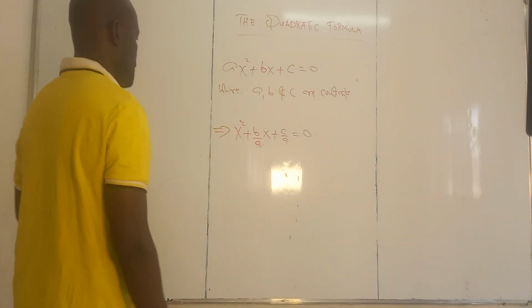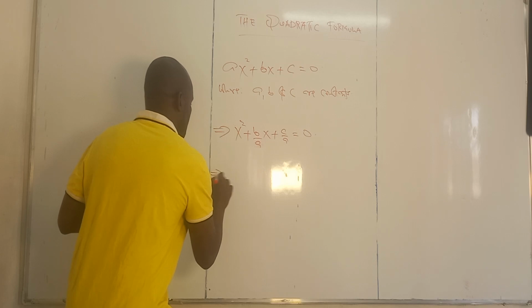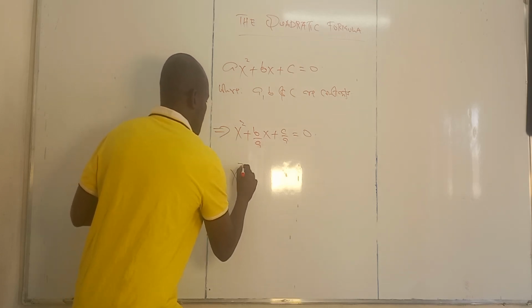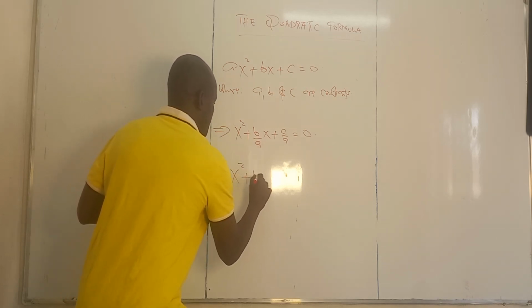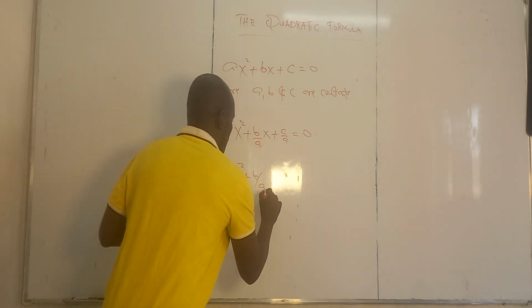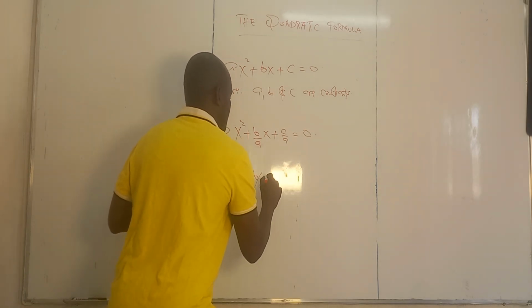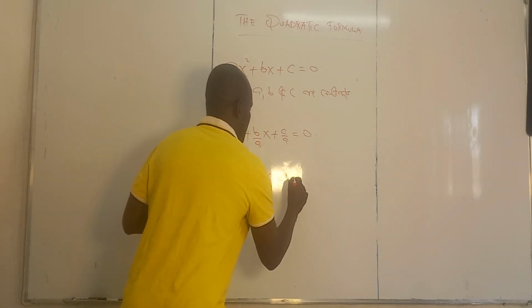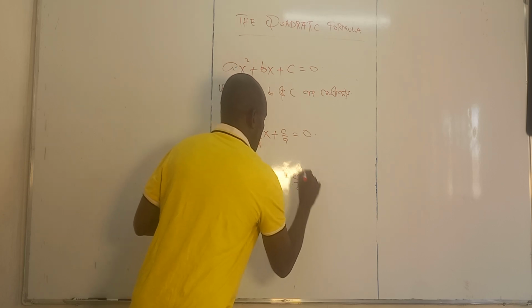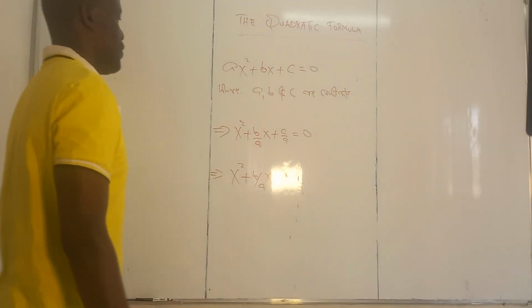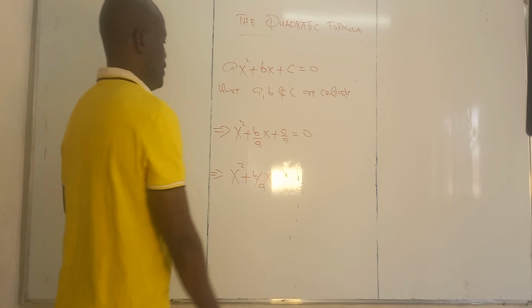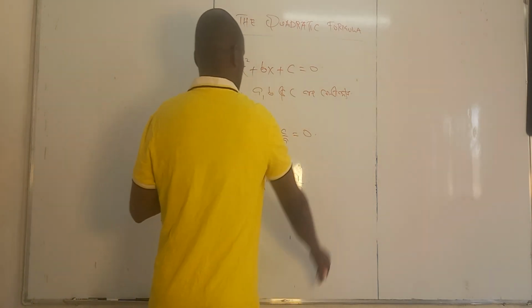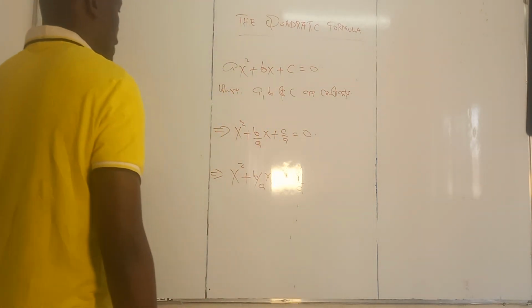And this is like saying x squared plus b over a x is equal to minus c over a.